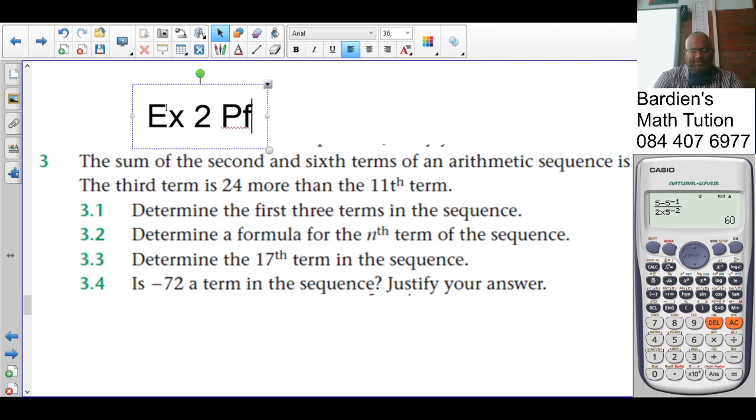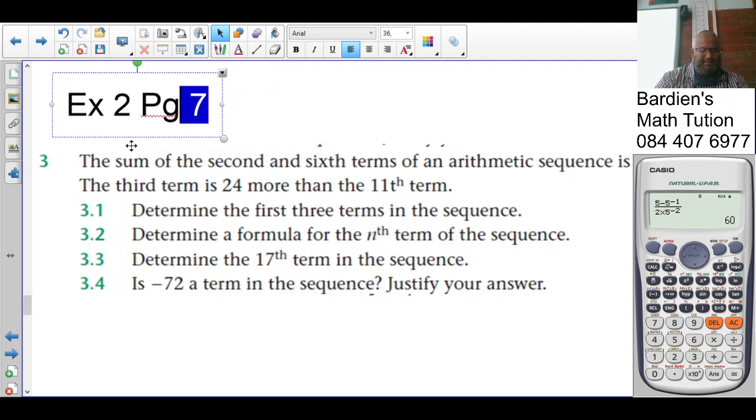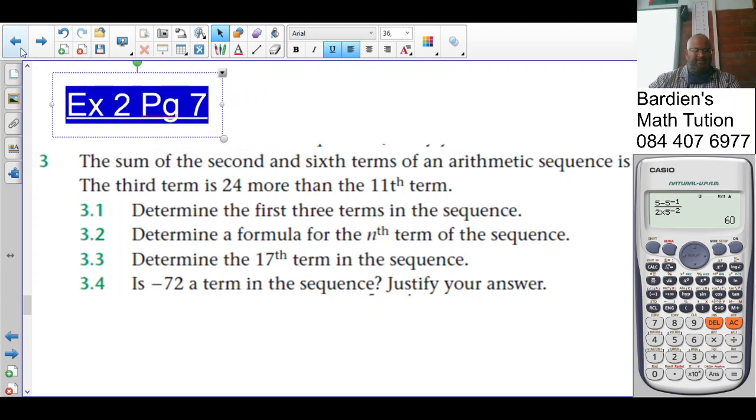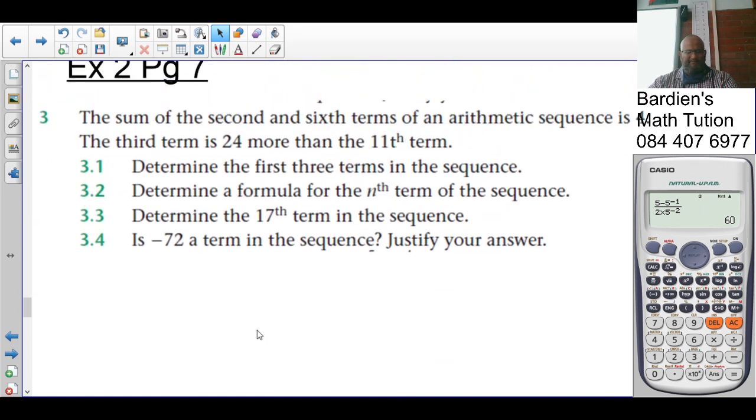Exercise 2, page 7, number 3, and number 5.